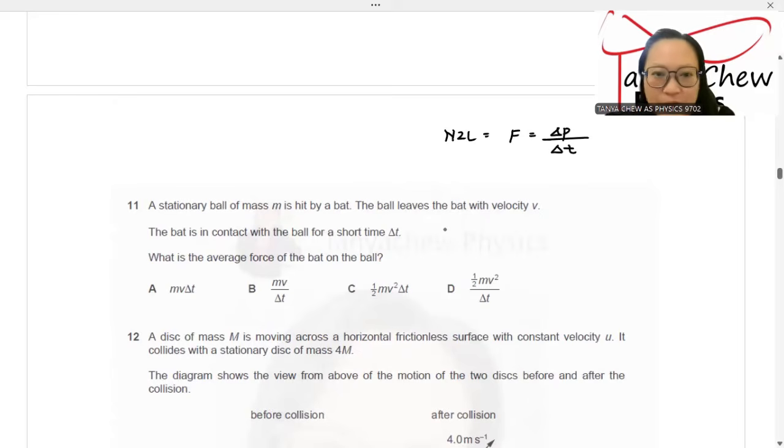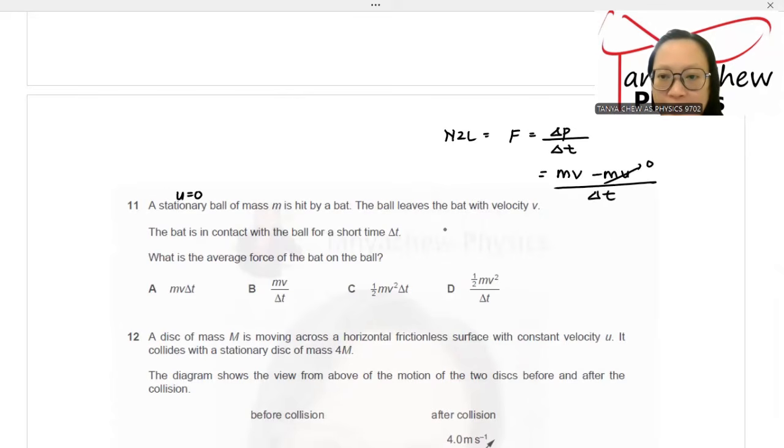So the rate of change of momentum is mv minus mu, because the ball is initially stationary, u is equal to 0, divided by delta t. So you have mv divided by delta t, and the answer is B.